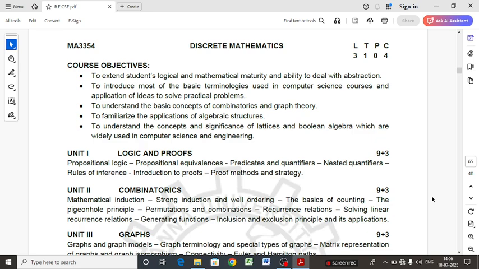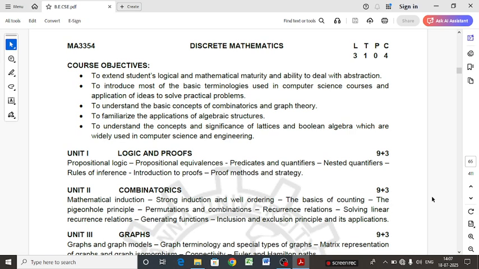Our target is to attempt at least one 2 mark question and one 8 mark question from each unit. In this lecture, I will outline the specific topics you should cover in each unit to meet this target. By concentrating on these key areas, you will be well prepared to tackle the exam questions and achieve a good pass mark.